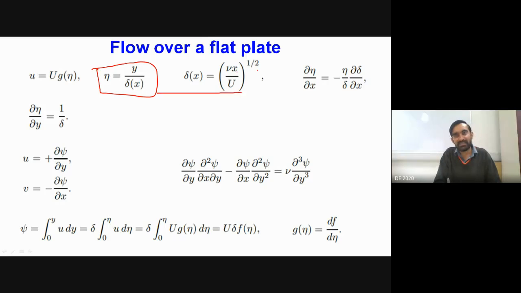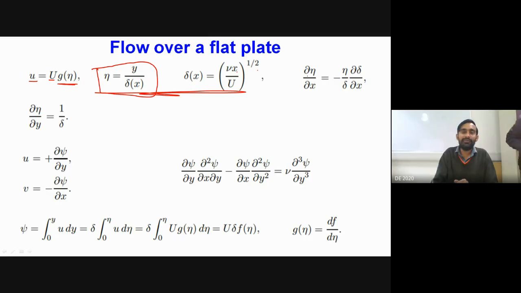By using this similarity parameter, he converted this set of equations into ordinary differential equations, and once these are converted into ordinary differential equations, then obviously either by analytical solution or by using numerical techniques, the solution for these equations can be obtained. So what we are doing, we are considering u as equal to capital U times g of eta.